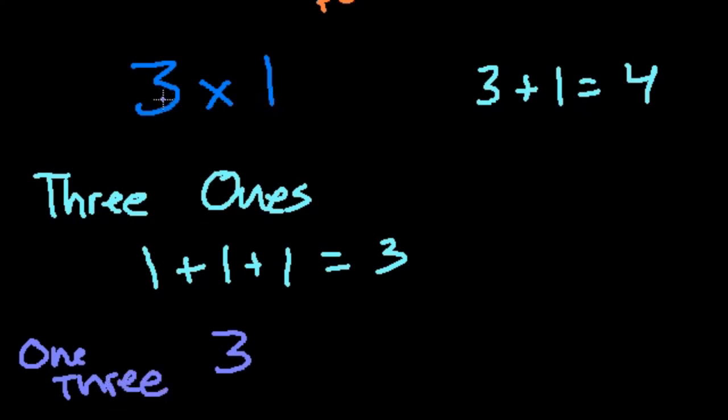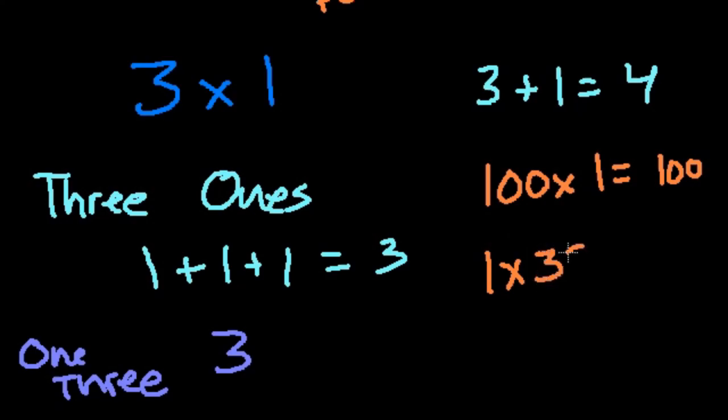That's why 1 times anything is always going to be that number. So 100 times 1 is going to be 100. And I could even say 1 times 39 equals 39.